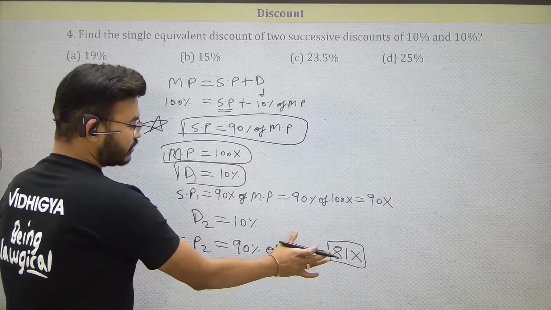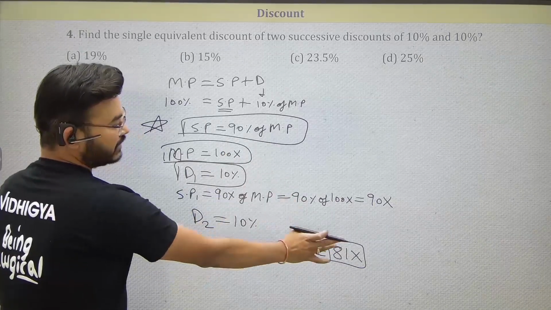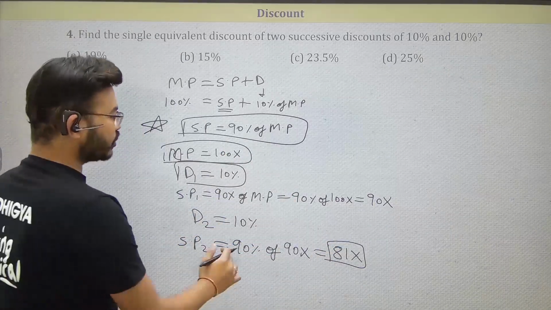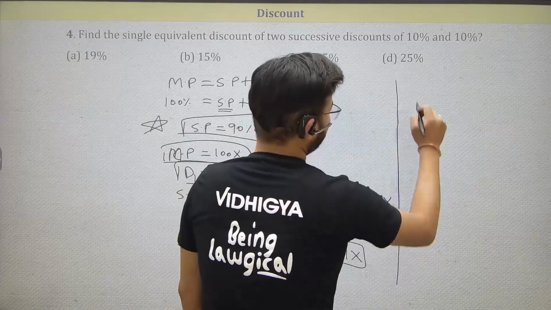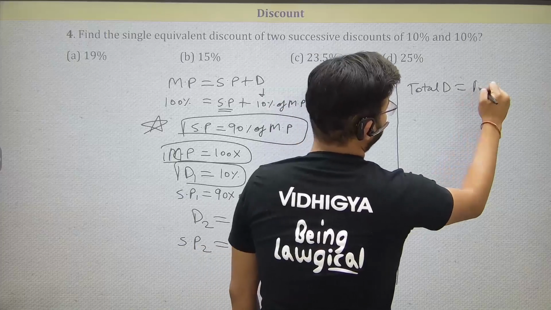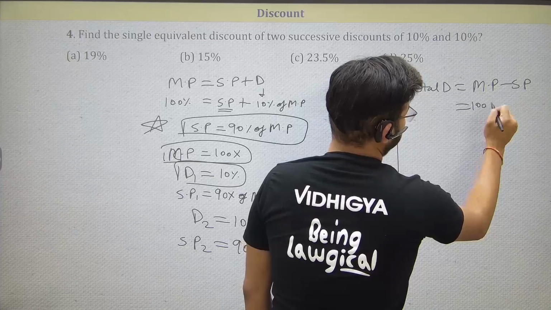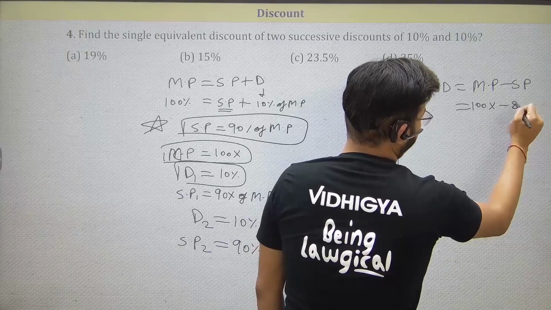So if we calculate the overall discount percent, the overall discount is of 19x. So total discount is equal to mark price minus the final selling price. So that is 100x minus 81x.